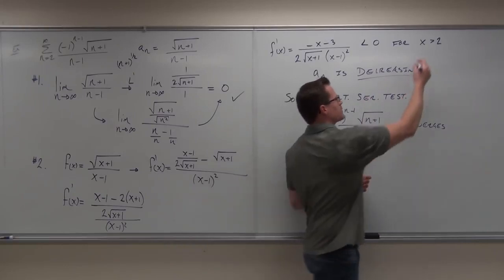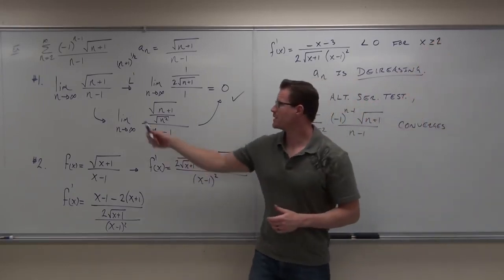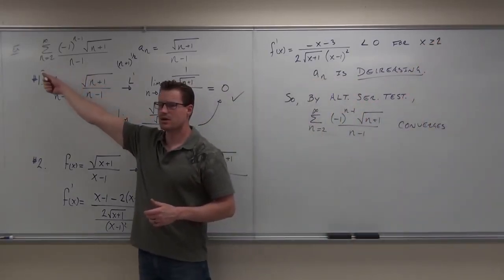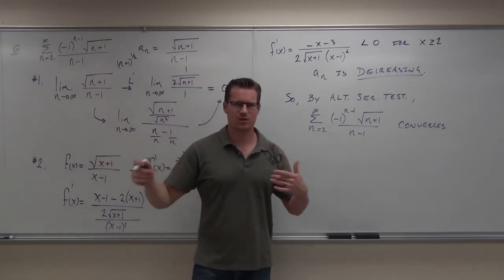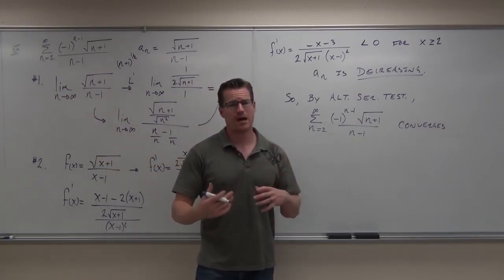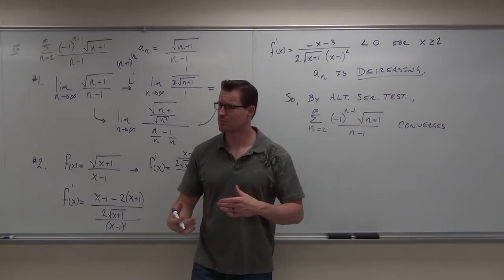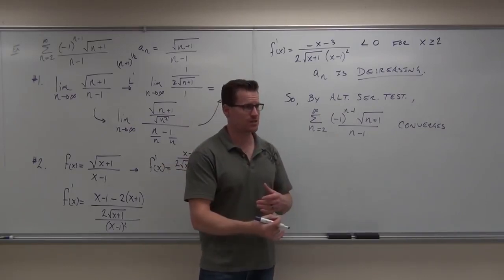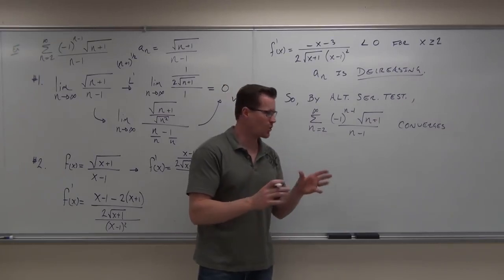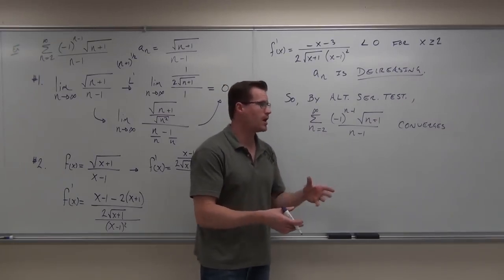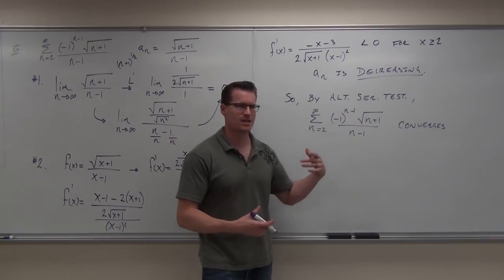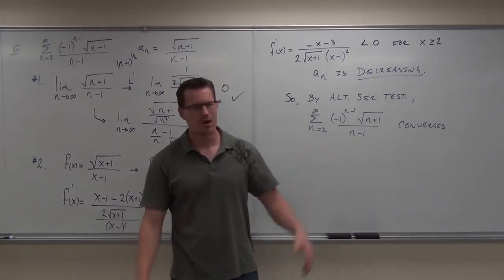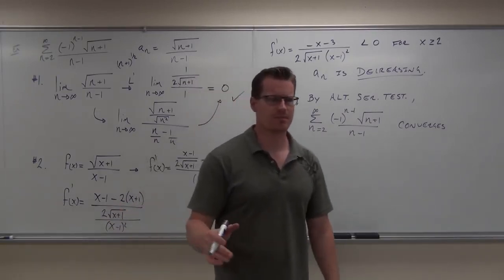No. As a matter of fact, our series didn't even start till 2, but even if those numbers didn't work out, please recall that you can add or subtract a finite number of terms from your series, and you still have the same convergence or divergence. Does that make sense to you? So it doesn't even matter if they don't really match up. Yeah, your sum would be different, but because we have this series idea of convergence or divergence rather than finding the sum, we're okay. Did today make sense for you?